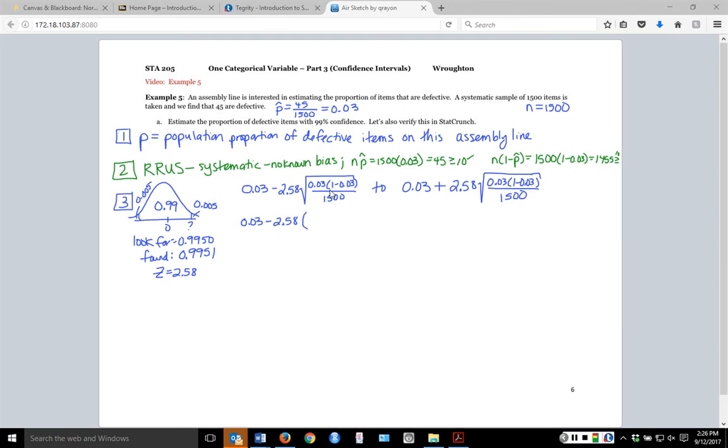Once I find that square root, it should be about 0.004405. This is a reminder, that's what's called the standard error. And notice it's the same formula on the other side with just that plus sign, so I really don't need to do that calculation again.